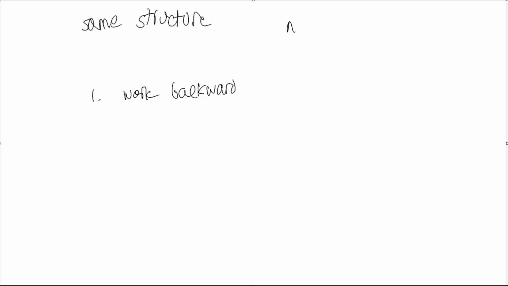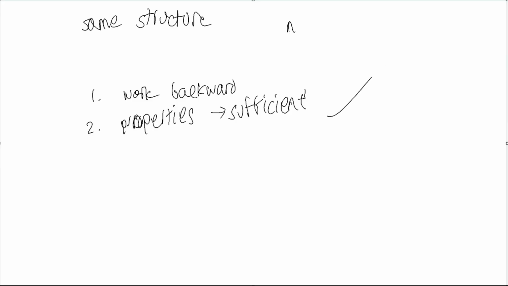And then the next step is, if you have a bunch of properties, check whether the properties are sufficient. In other words, if all the properties are satisfied and that makes your number n work, then you're done.